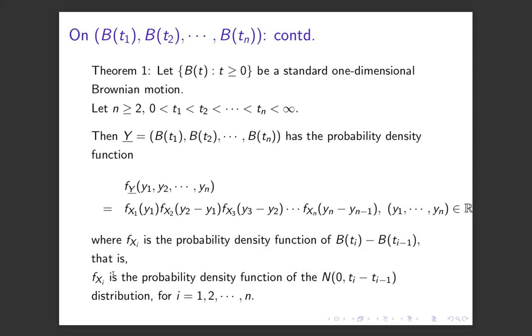We know that, so that is the same thing as f sub Xi being the probability density function of the normal distribution with mean 0 and variance ti minus ti minus 1. So please note it down.